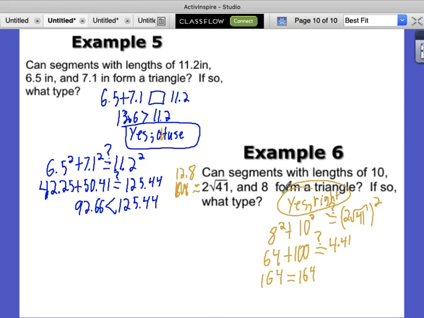We end up getting this as our answer. We have to use the actual number. We don't want to use the approximate, because if we had used the approximate 12.8, we would not get that as a right triangle. We would get that as either obtuse or acute. We need to go back through and use the exact one, the radical, when we do our math. Okay? Here's our assignment.